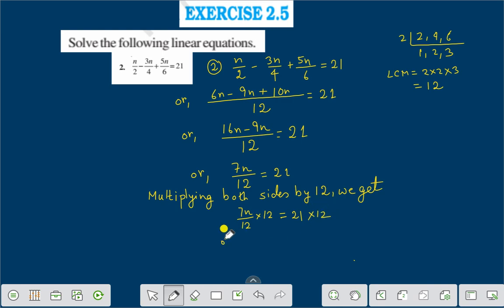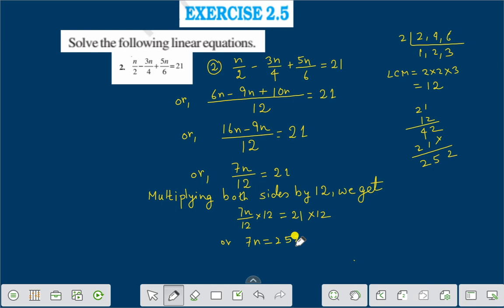Or we get 7n is equal to 21 into 12. Multiply 21 with 12: 2 times 1 is 2, 2 times 2 is 4, 1 times 2 is 2, that comes to 2, 4 plus 1 is 5, 252. That comes to 252.